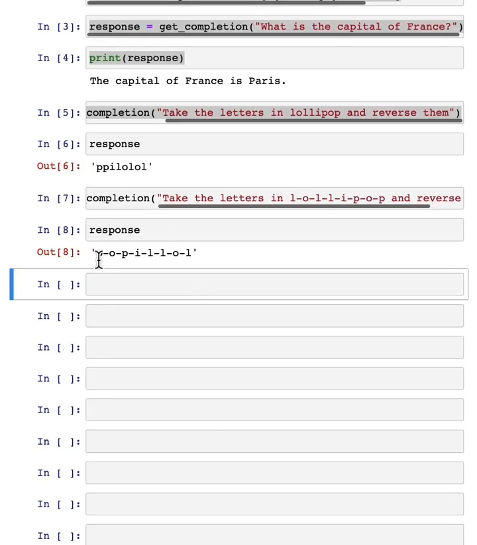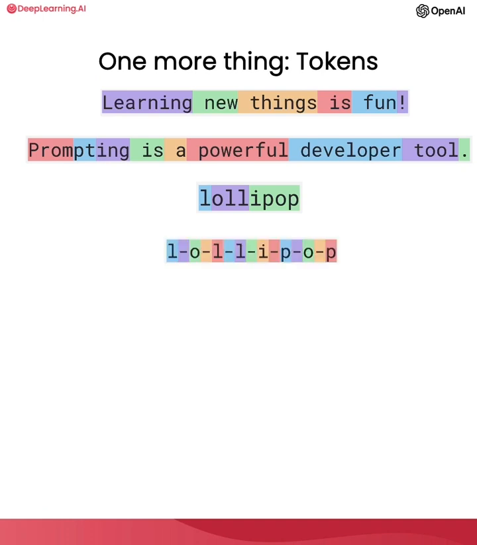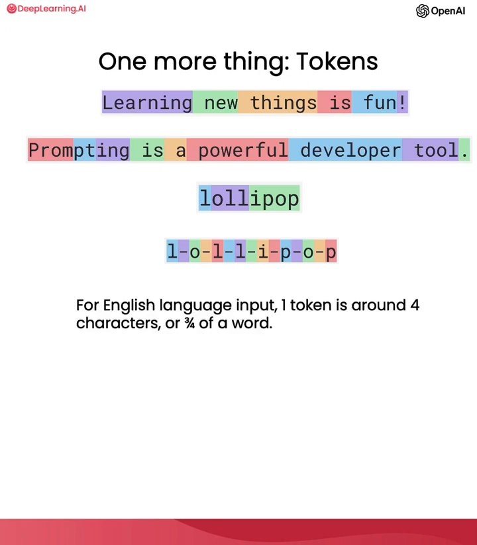And the reason for that is if you pass it lollipop with dashes in between the letters, it tokenizes each of these characters into an individual token, making it easier for it to see the individual letters and print them out in reverse order. So if you ever want to use ChatGPT to play a word game like Wordle or Scrabble or something, this nifty trick helps it to better see the individual letters of the words.